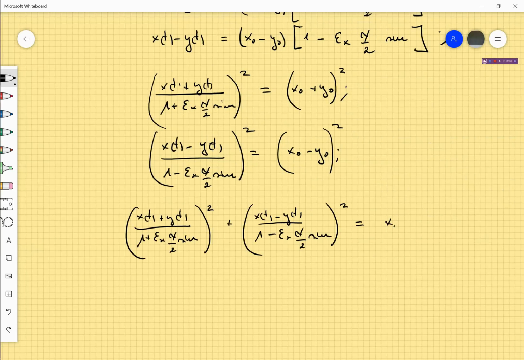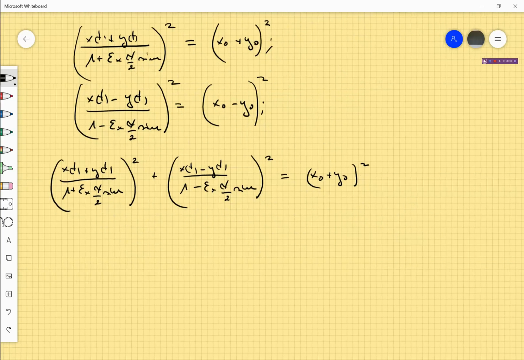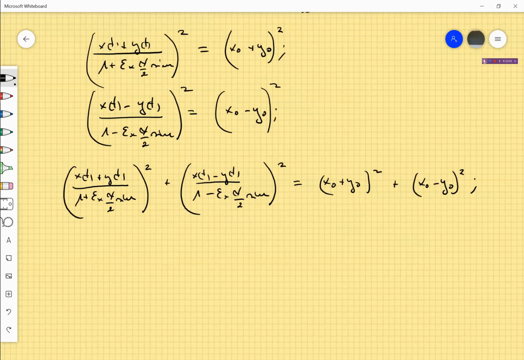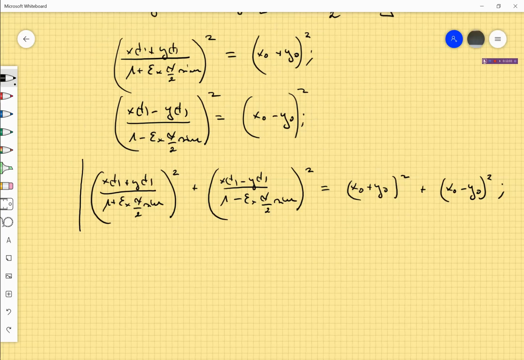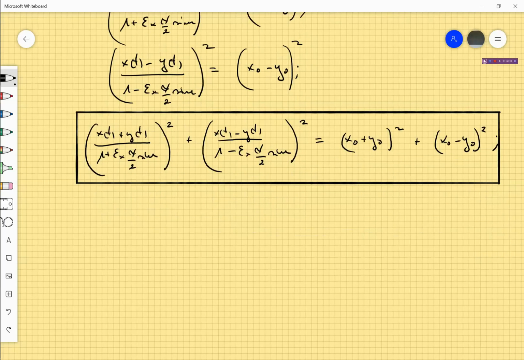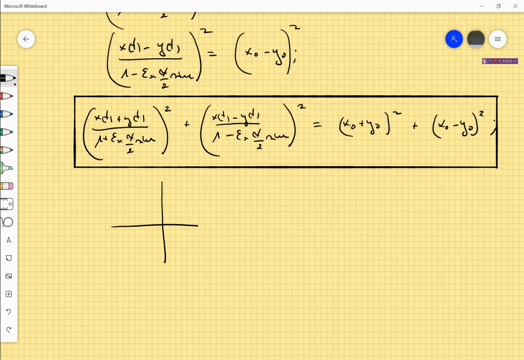This is equal to x0 plus y0 squared plus x0 minus y0 squared, and this is the second equation. You see that it's basically the same equation as before, but for another two coordinates. So instead of for x and y, which correspond to these two axes, it is for x plus y and x minus y.